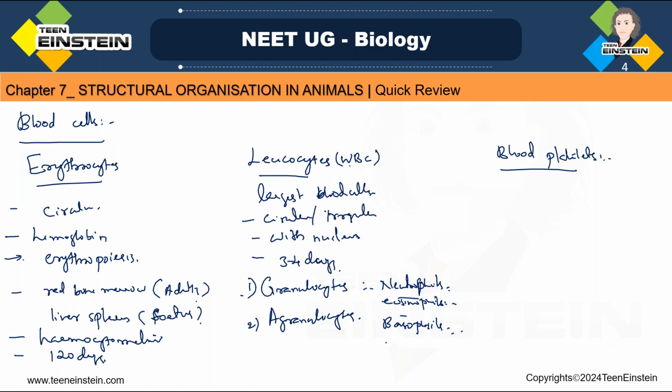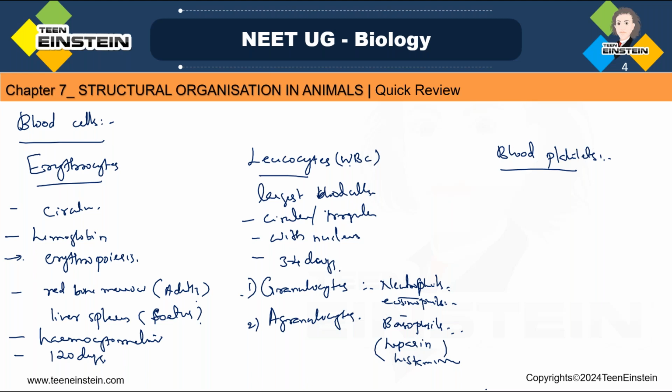Which one? Basophil, that is releasing heparin. Heparin and histamine are both released by basophils. Clear? These are the granulocytes.